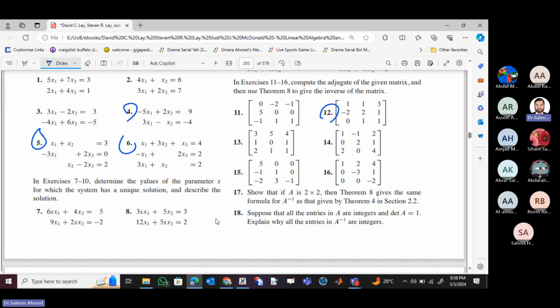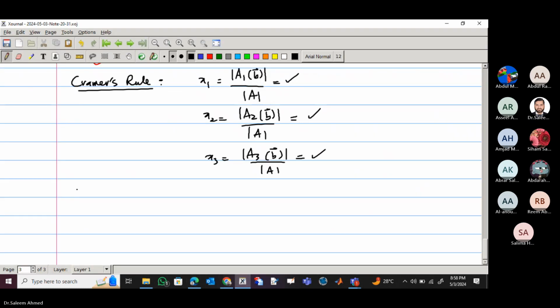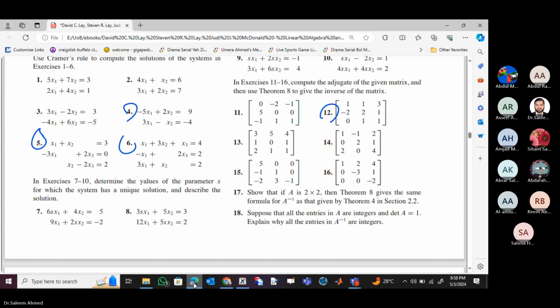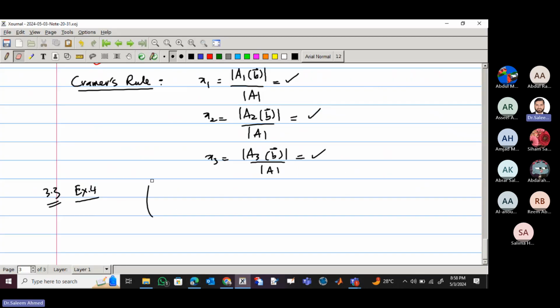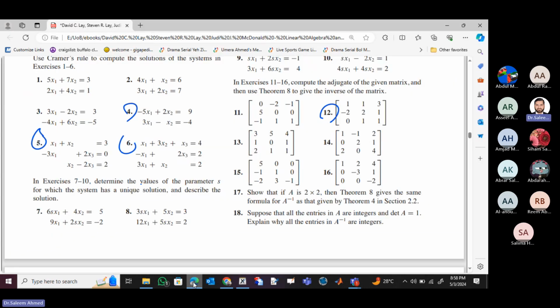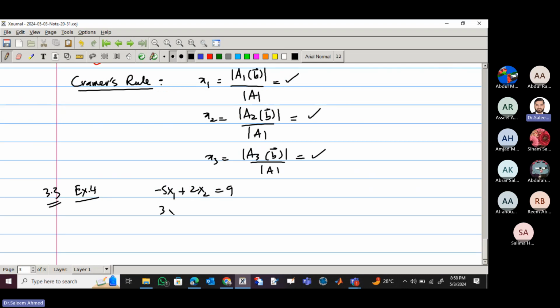For example, question number 4: -5, 2, 9, and 3, -1, -4.